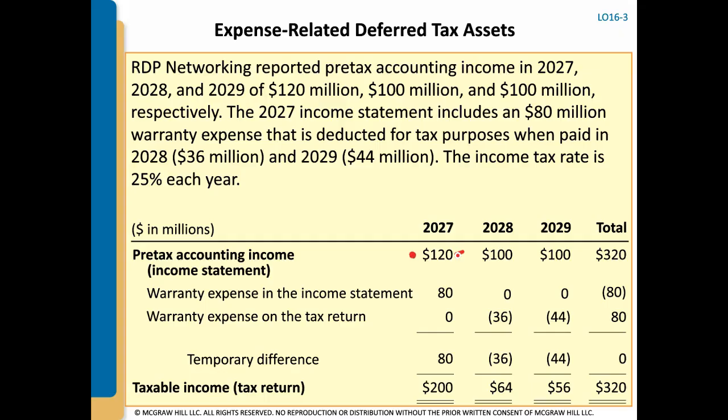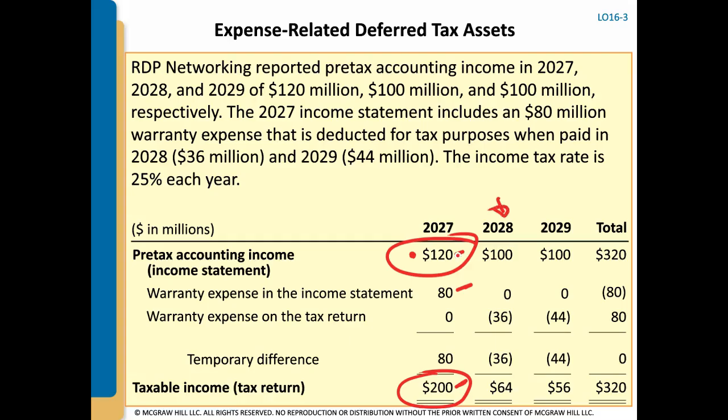So for tax purposes, we're going to add back that expense because we only take that deduction when it's actually paid. And so our taxable income for 2027 is $200 million. You'll see that it's higher than the pre-tax accounting income of 120.